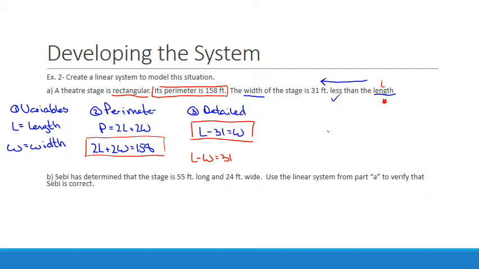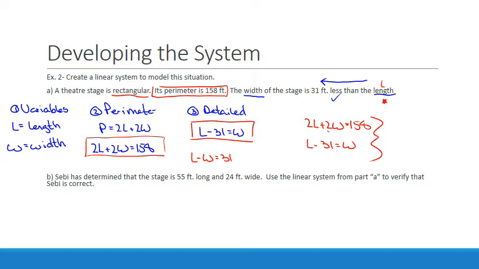So one thing you can try to do is see if you could rearrange your equation to look like his or vice versa. So I guess to summarize that, I could just write down my system right here. So 2L plus 2W equals 158. And then L minus 31 equals the width. And that's the system for this situation.